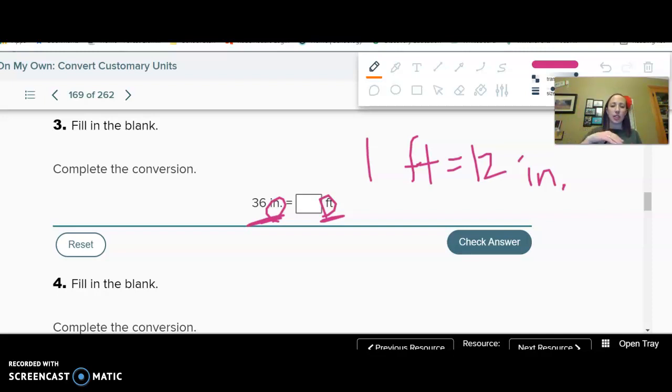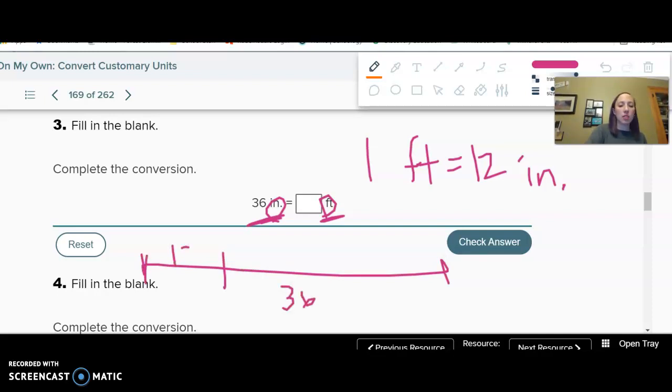It almost feels like the opposite sometimes, but I can think about, okay, if I have 36 inches, and I know this 12 is a foot, and this 12 is a foot, and this 12 is a foot, how many groups of 12 is that? That is 3 groups of 12. So 36 inches is 3 feet.